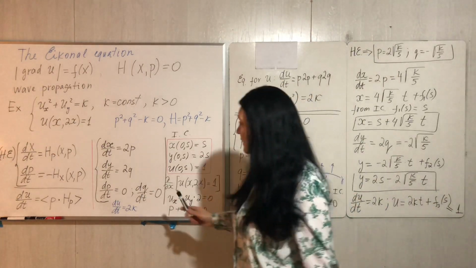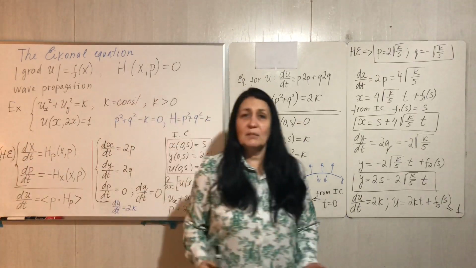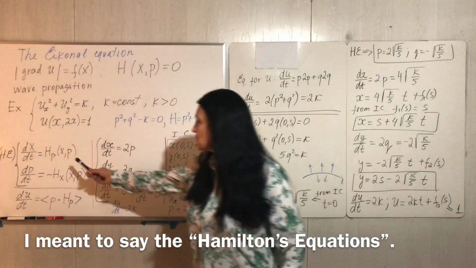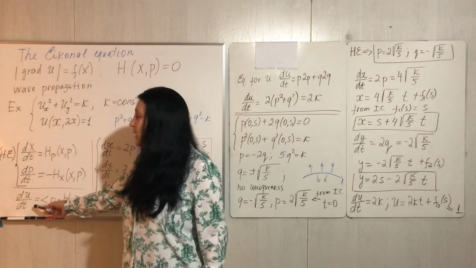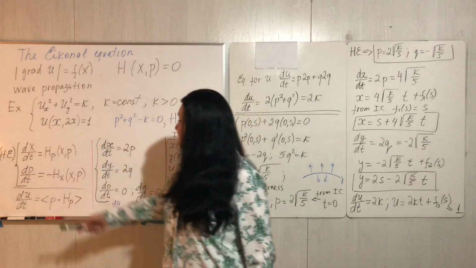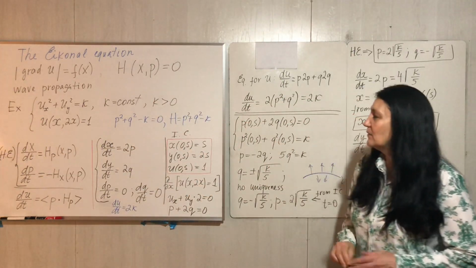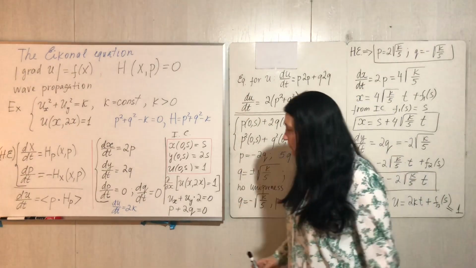Here I just wanted to remind us of the Hamilton equations. So I just copied them here, and I copied in addition the equation for u. We said that all of them are characteristic equations.